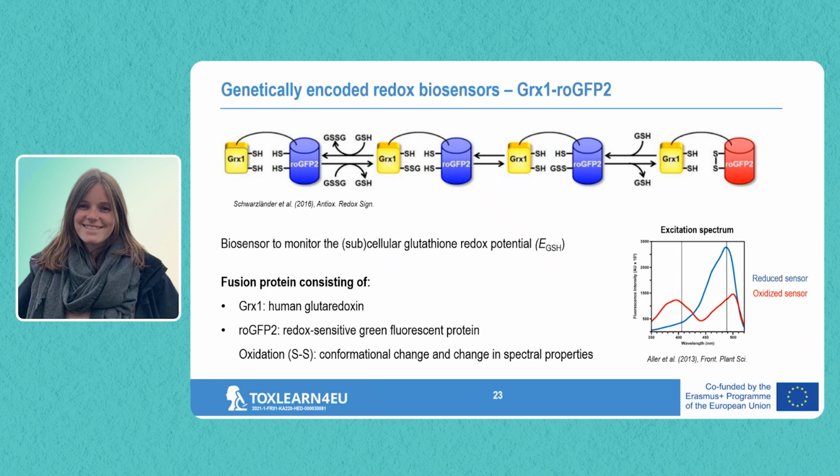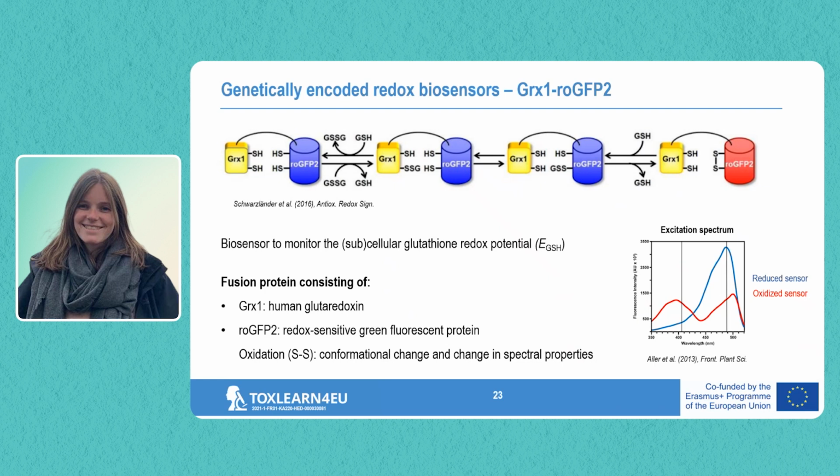And then in the end, a disulfide bridge is formed between these two thiol groups of the RoGFP2. And this will again cause a conformational change in our fluorescent protein. And very similar to what we saw for HyPer, it will cause a change in the excitation spectrum. So the emission will still be at the same wavelength, but the excitation will change.